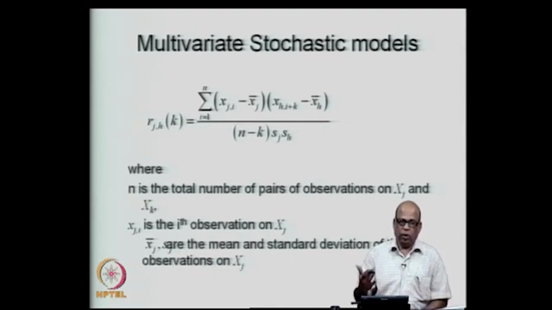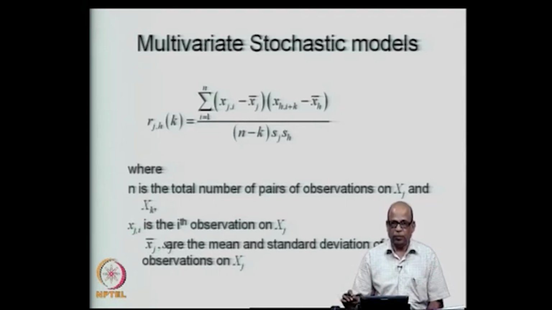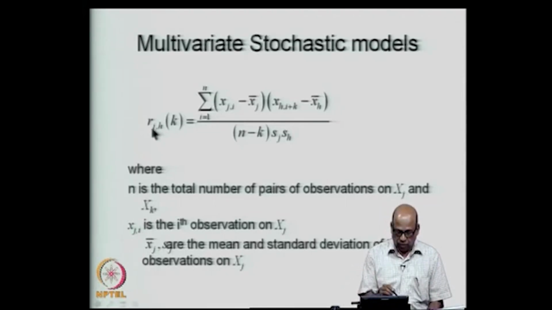And we use the same expression as we use for cross correlation, except that we now lag the series by k time steps. So, we take the flow in site j for the time period i equal to 1 to n observations, and deduct the mean of the flows at site j.